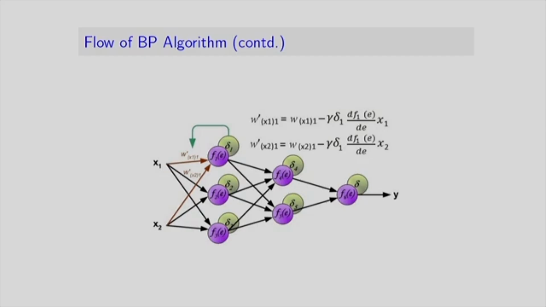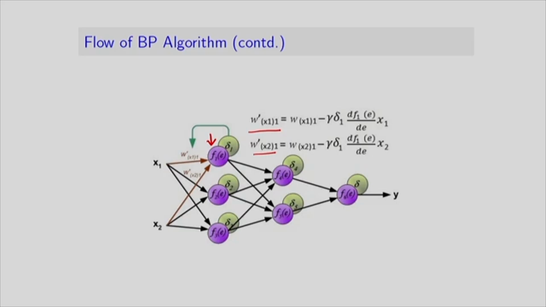That is WX11, so this is the updated weight, W dash X21. So I have two connecting weights corresponding to this hidden node: one is WX11 and another one is WX21. These two weights I am updating by considering the weight updation rule.